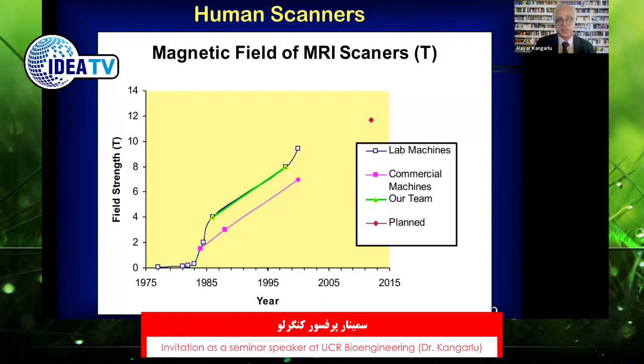These concerns were the reason why nobody really considered going much above 4 Tesla, which was the standard of research at the time.